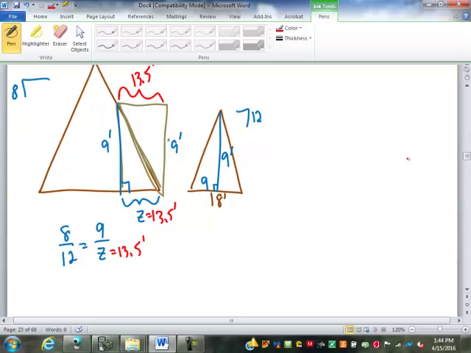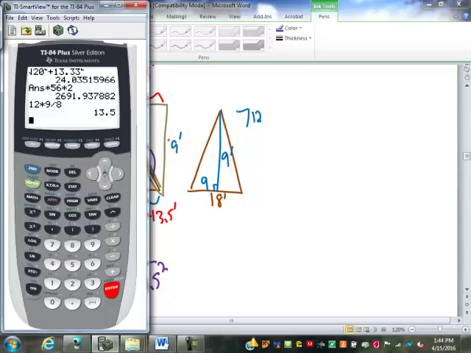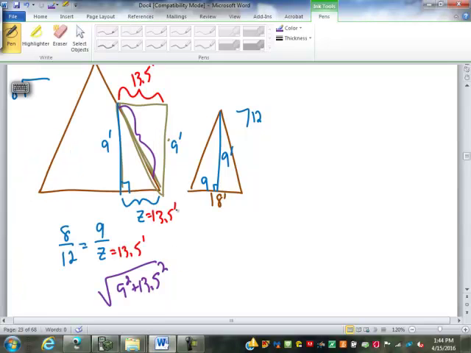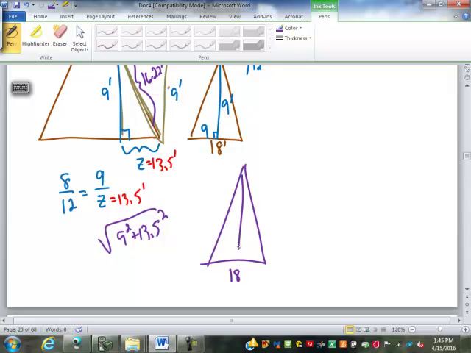So back down here, I can now find this length by doing the square root of 9 squared plus 13.5 squared, which is 16.22 feet. So what that means is the triangle that's cut out there is 18 feet wide and 16.22 feet long.